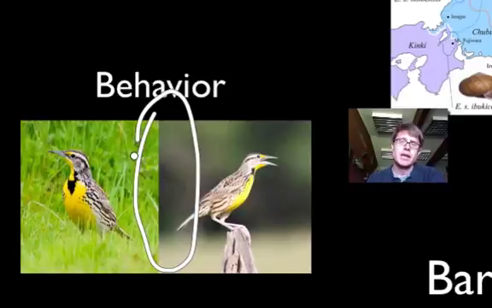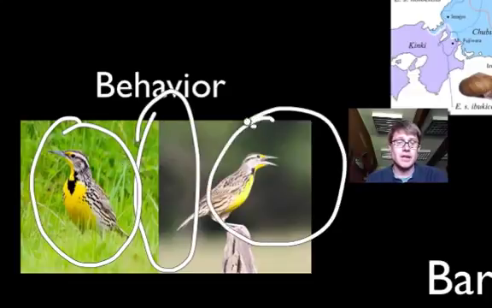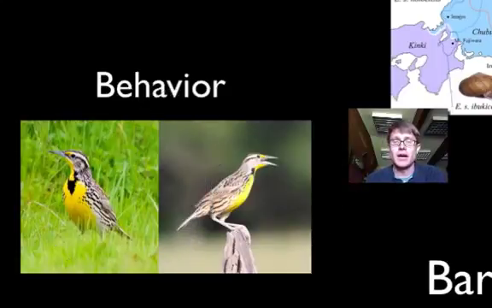The reason is that they attract mates through their songs, and a lot of birds do that. The males are able to attract a mate by singing a song, and the more songs they can sing, the more likely they are to attract a mate. But during this period of time, those songs have separated. And so now we have a behavior that's different, and there's no sperm meeting egg.